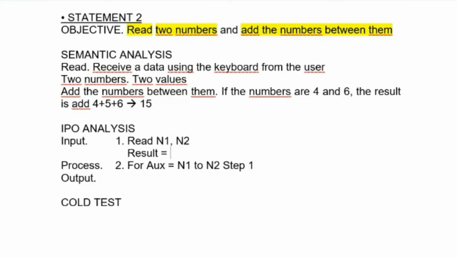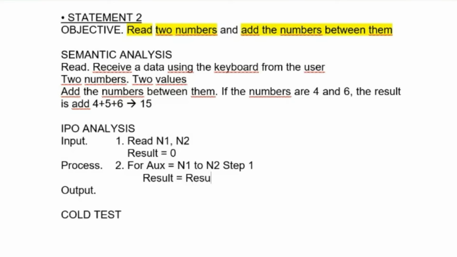Result begins in 0. Remember, you are going to add the numbers between N1 and N2. So you need to write result is equal result plus aus. Okay?